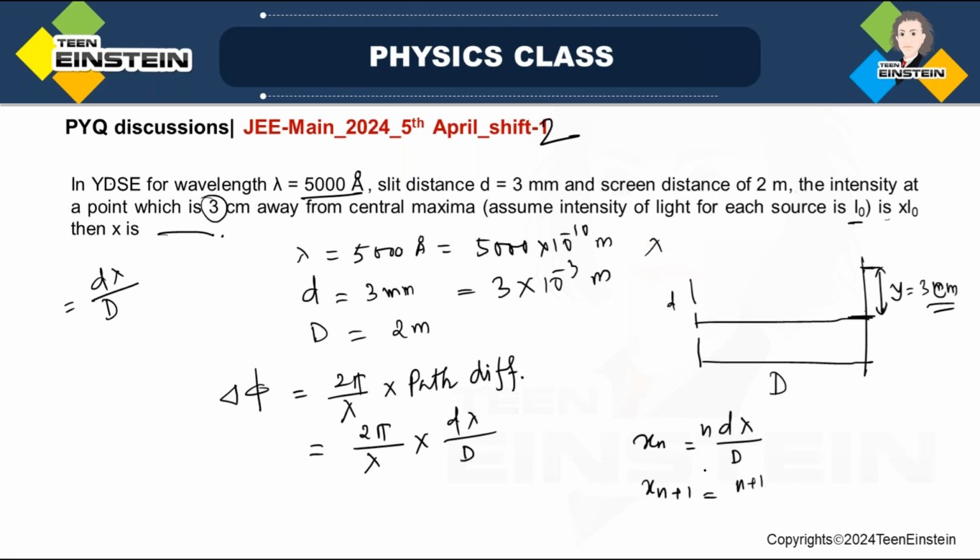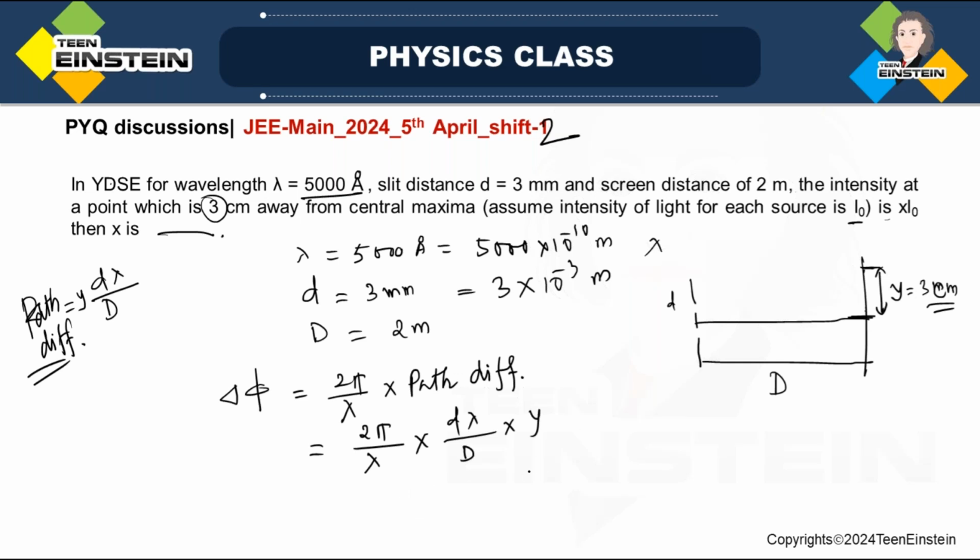The distance y, we know this. So the path difference will be y into this. What is given? 3 centimeter. So the path difference will be y into d lambda by capital D, so we have to multiply y over here.